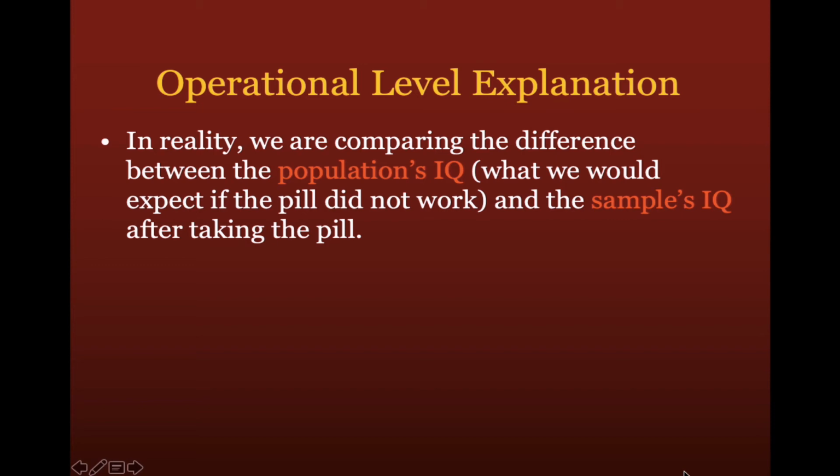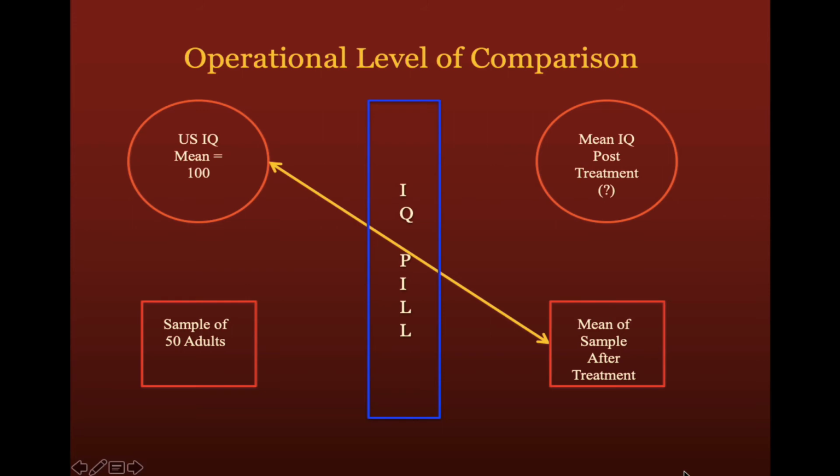If our sample of 50 has a mean that's significantly higher than 100, then we can infer that if we'd given the pill to everybody in the population, the population's mean would have been significantly higher than 100 as well. But again, we're actually making comparisons between the population mean of 100 and the mean of our sample of 50.